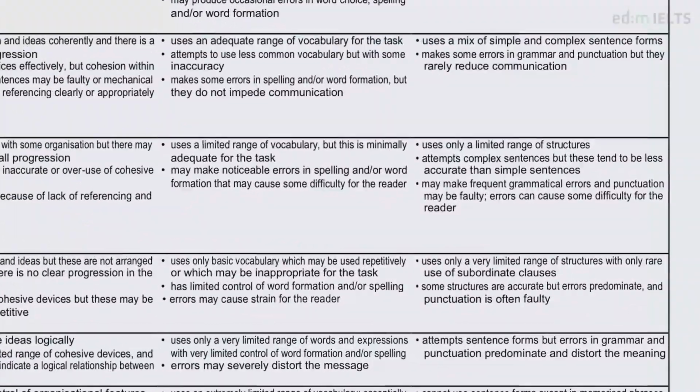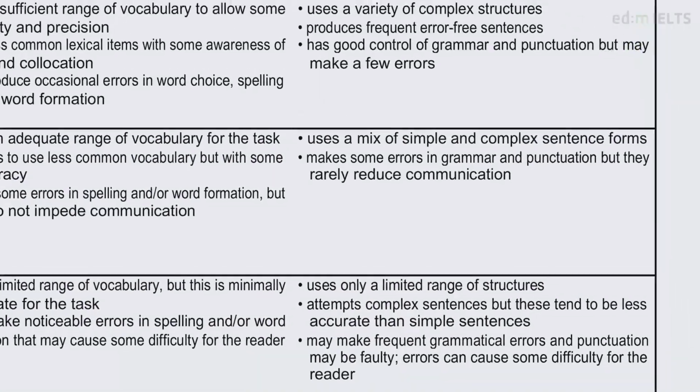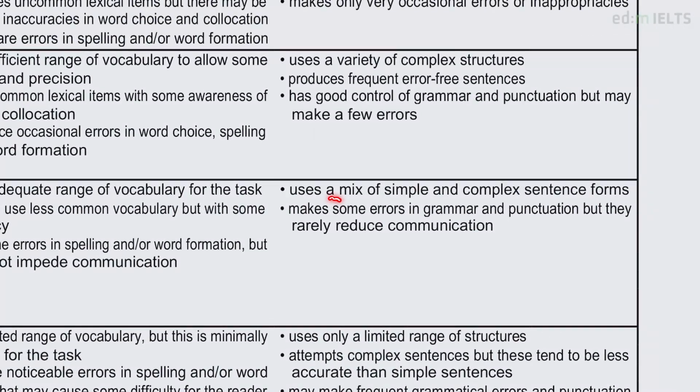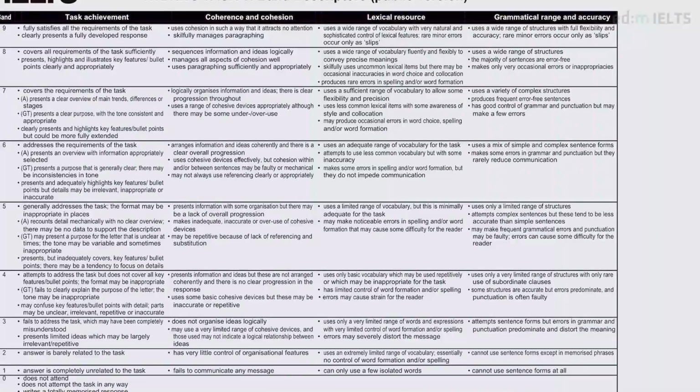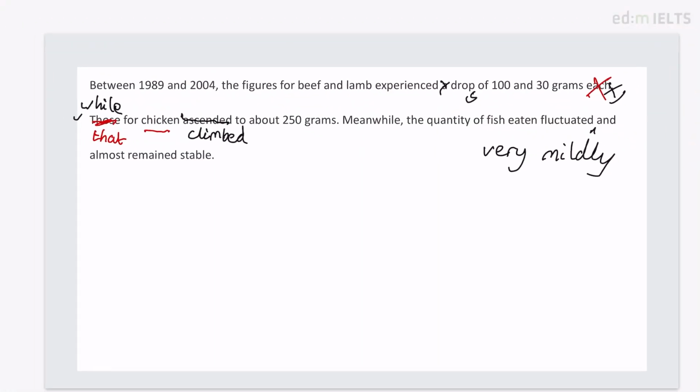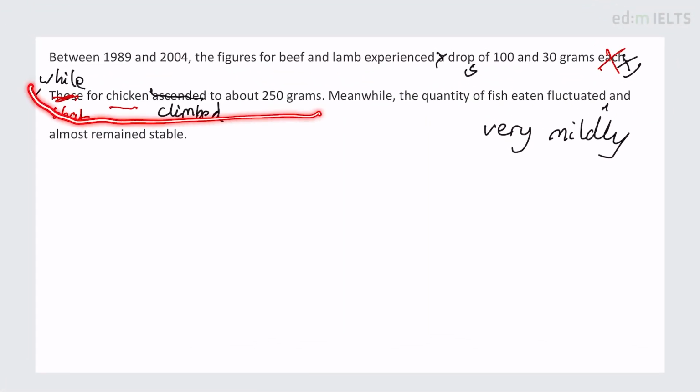And finally, for grammar, uses a mix of simple and complex sentence forms. Yeah, it does, but I don't think there's enough variety with complex structures to get the 7 score. Like I said, using the very short sentence here seems like a bit of a wasted opportunity.